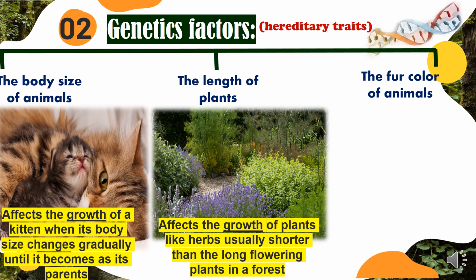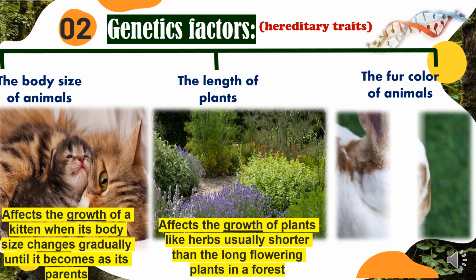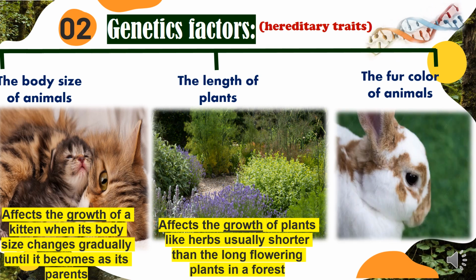The body size of animals, like this picture in front of you, affects the growth of a kitten when its body size changes gradually until it becomes like its parents. The length of plants, like this picture in front of you, you can see that we have different plants, and each type of plant has its own limit to grow, so herbs are usually shorter than the tall flowering plants in the forest.